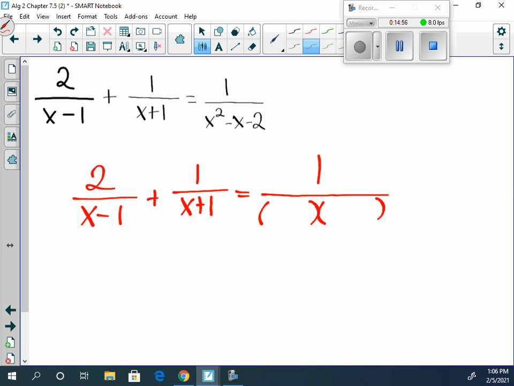So we want to solve this here for our values of x. Find out what value of x will make this true.